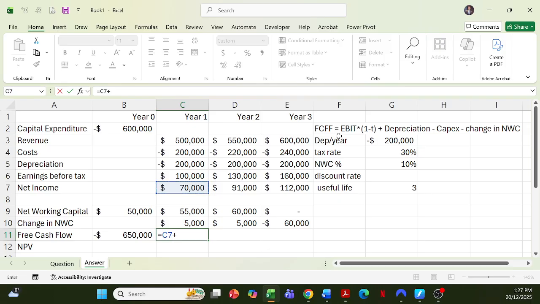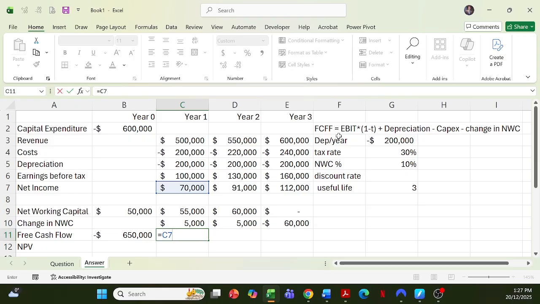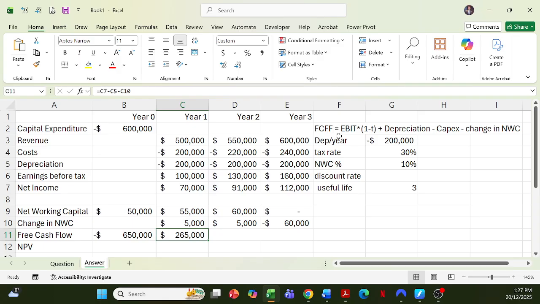So we're going to do net income plus depreciation. Since depreciation is negative, we want to add it back. So we're going to do negative and then go to the depreciation cell. We're going to subtract capex, which is zero in this case, but then we got to subtract the change in net working capital, which is 5,000. Okay, so if you do the same way for the next 2 years, we would get these figures.